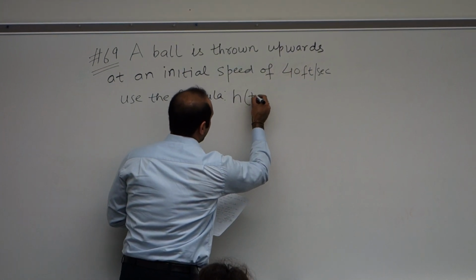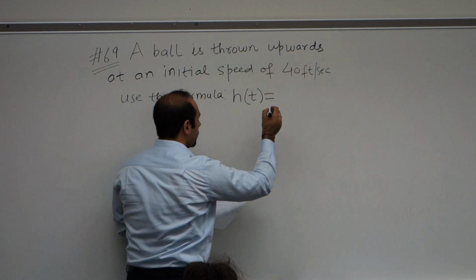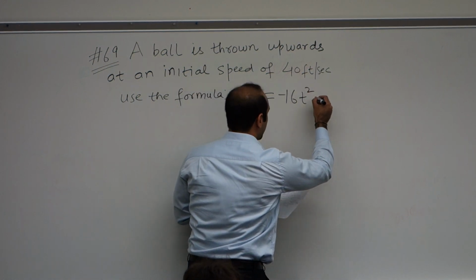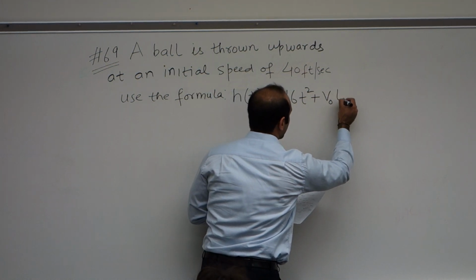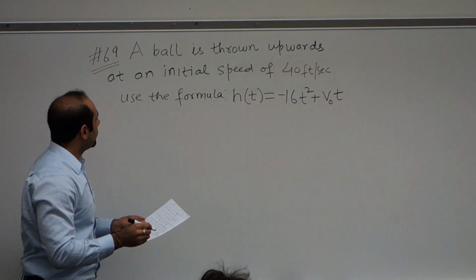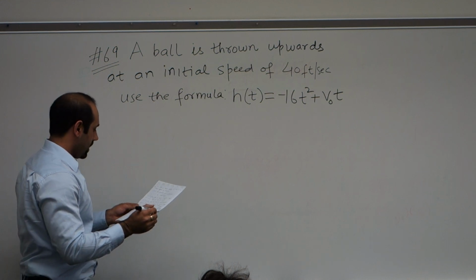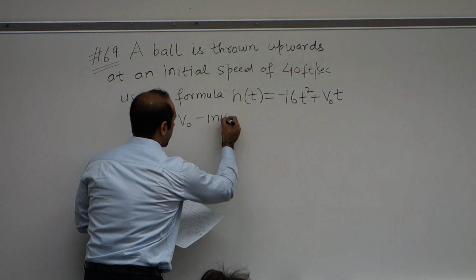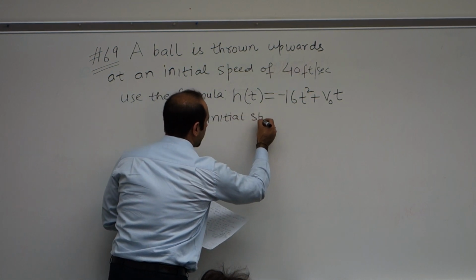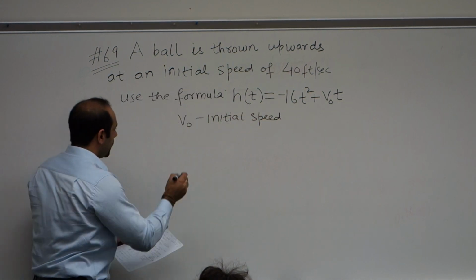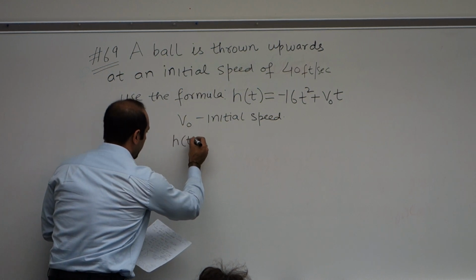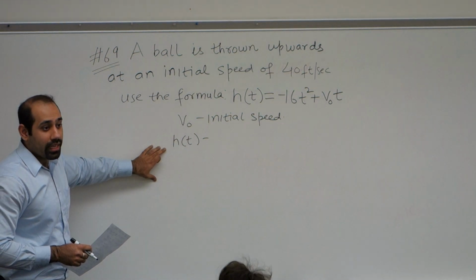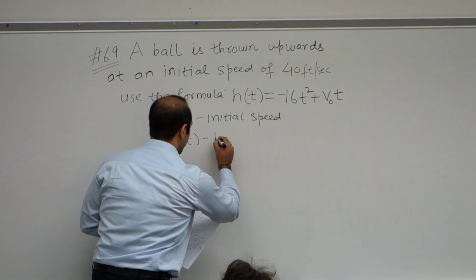So that's h of t equals -16 t squared plus v naught t, where v naught is our initial speed and h of t. So what do you think h of t is? Right, the height. So h of t is the height.